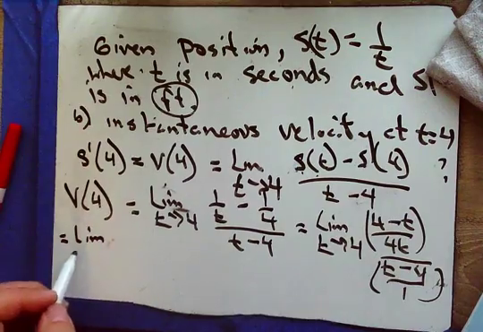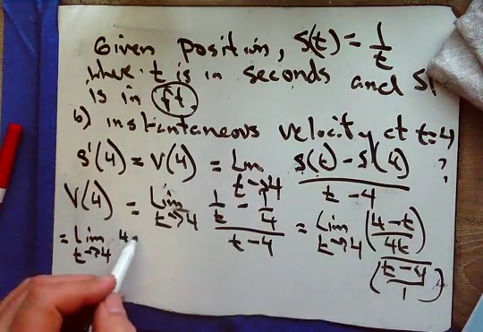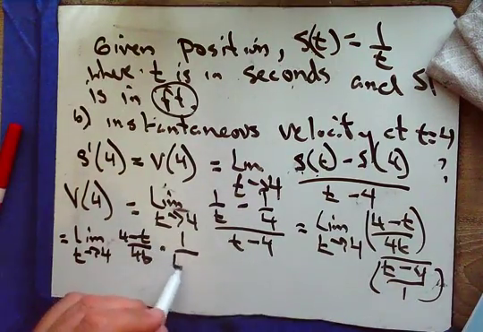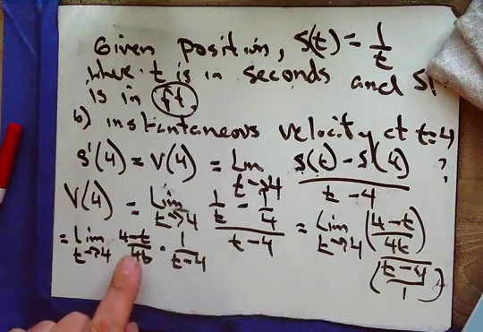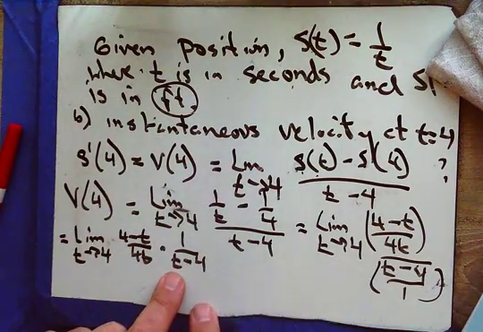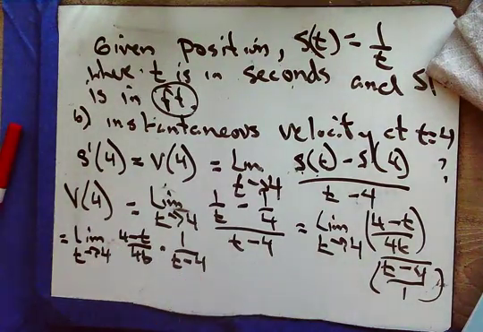We're going to have the limit as t heads to 4 of 4 minus t over 4t times 1 over t minus 4. Now these are opposites. I have a negative in front of the t, I have a positive in front of the t. I have a positive in front of the 4, I have a negative in front of the 4.